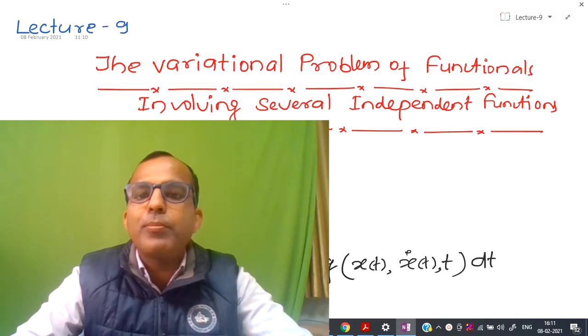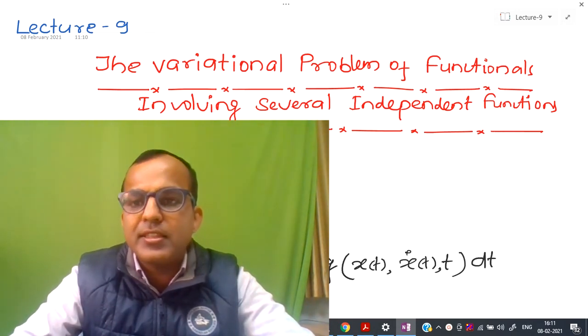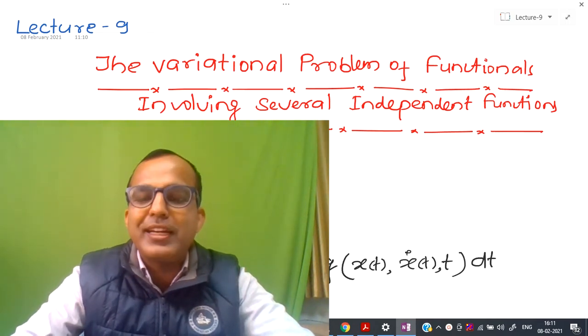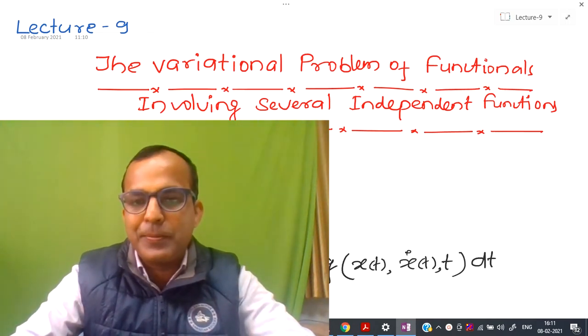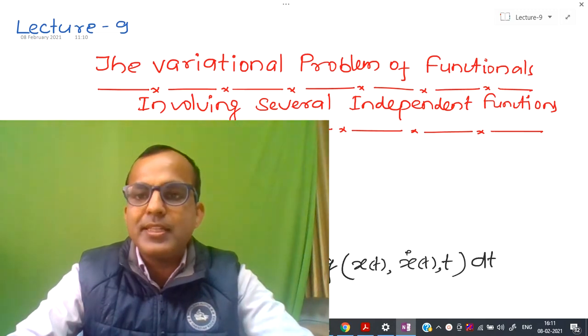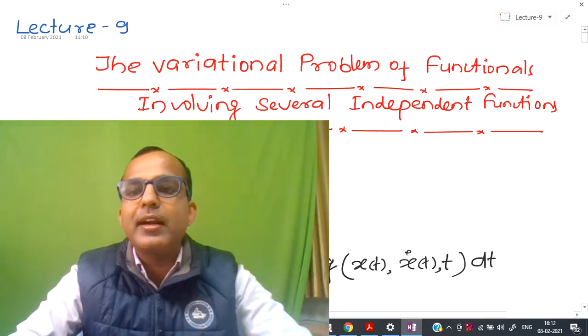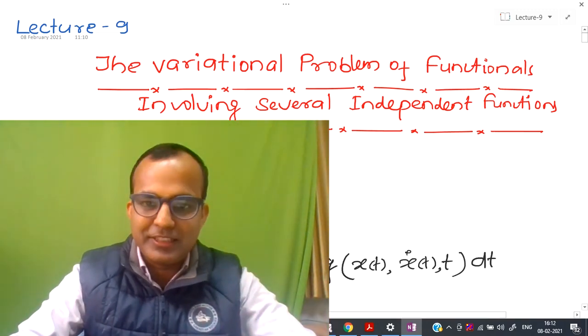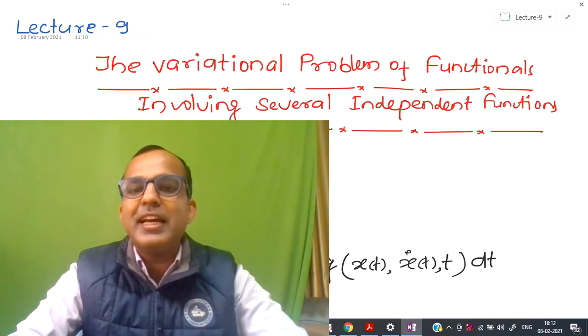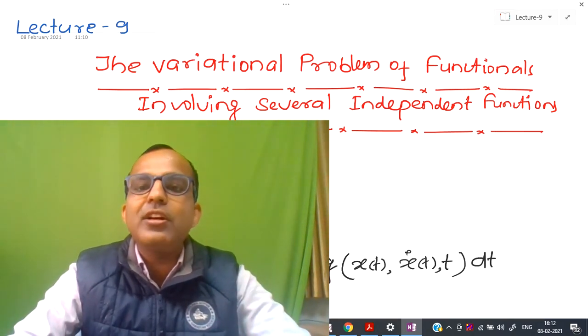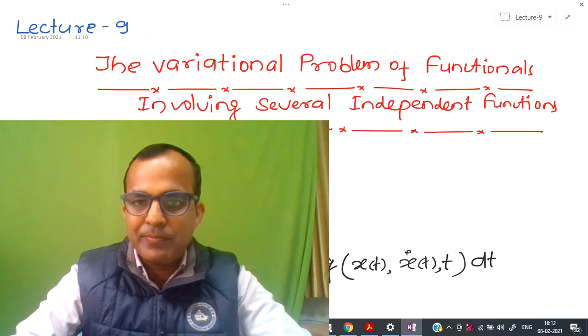Because in the optimal control problem, our objective is to find a function which minimizes a functional, which we also call a performance measure. The performance measure may contain several independent functions, depending on our problem statement.